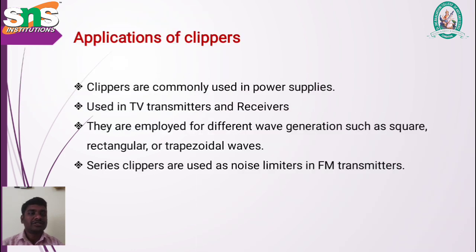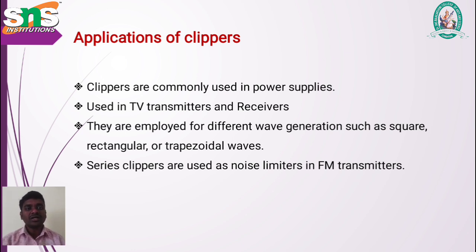The applications of these clipper circuits were already discussed in the previous video. Clippers are commonly used in power supplies and TV transmitters, and wherever we need this kind of requirement. If we want some portions cut off and the remaining portion to continue, we can use this clipper circuit, with positive bias or negative bias, with bias or without bias.